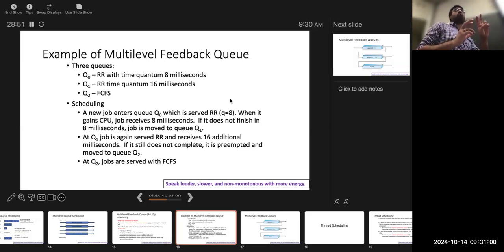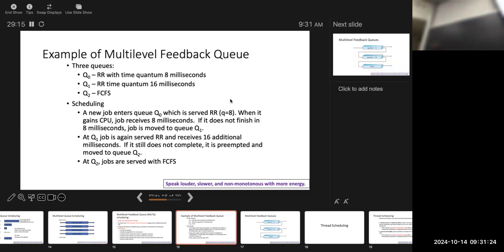Incurring less number of context switches. So what you can do is that you figure out that it doesn't get the chance to complete in 8 time units. So you move it to the next queue, which is lower priority queue. But the good thing is that it has higher quantum value of 16 time units.